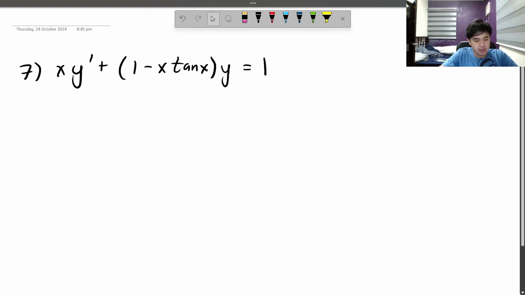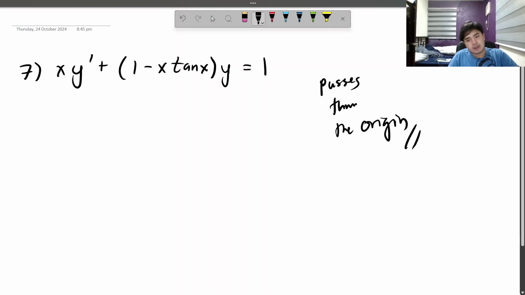Ooh, interesting. And now let me check if there is. Yes, this passes through the origin. All right. I think we can see what that means later, but let's pay attention to here. This looks like it is linear, right? Again, if you're not sure, you can always run through your conditions.